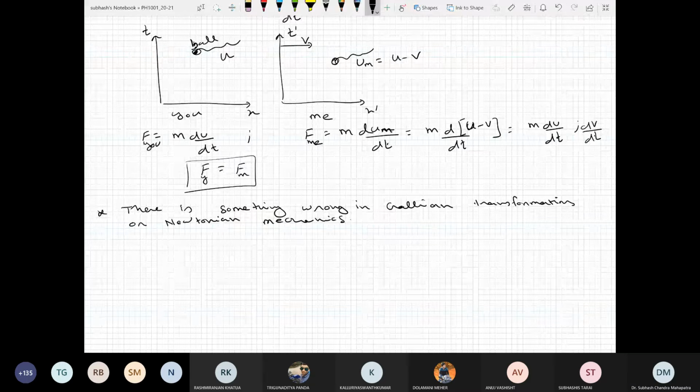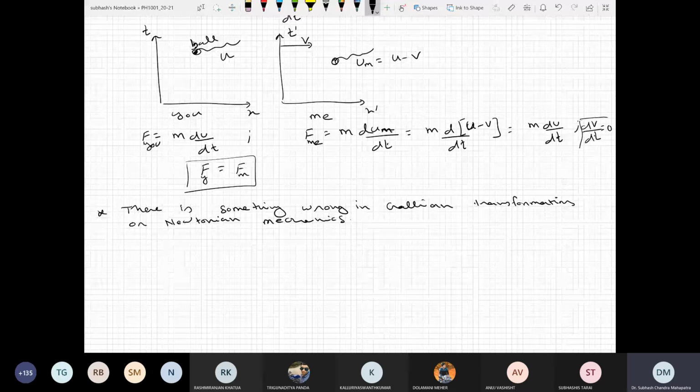So um is u minus v. Now you take the derivative. Since u can be anything, it can be accelerated, so du by dt is non-zero. But dv by dt is 0 because I am moving with constant velocity with respect to you.